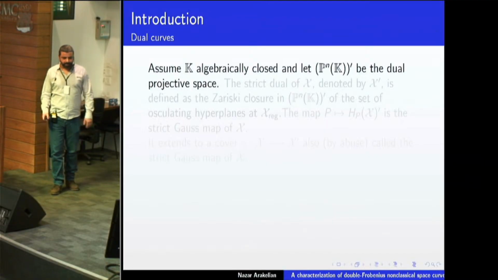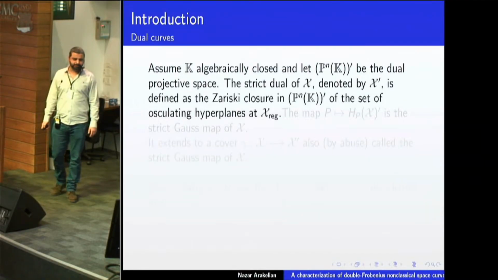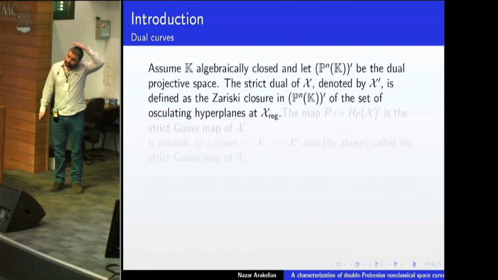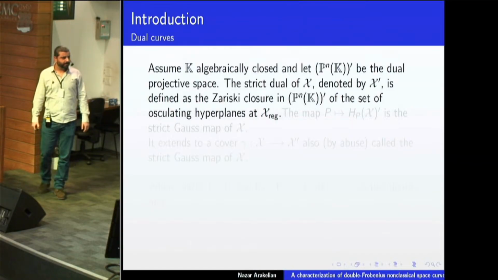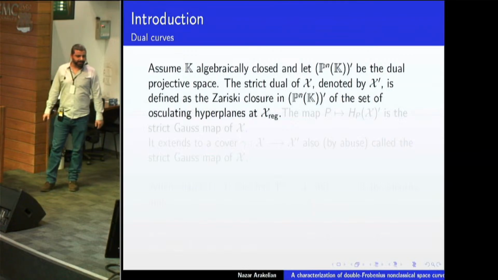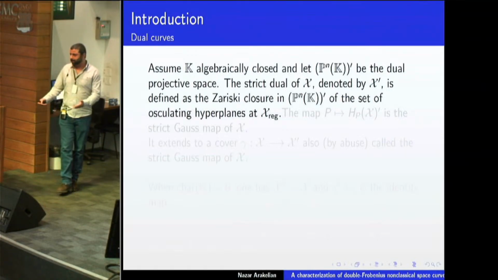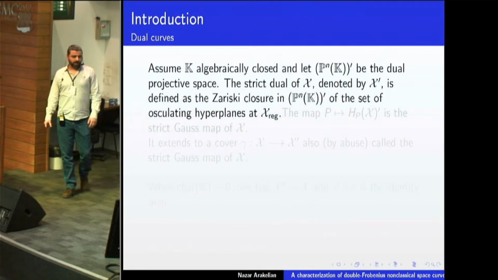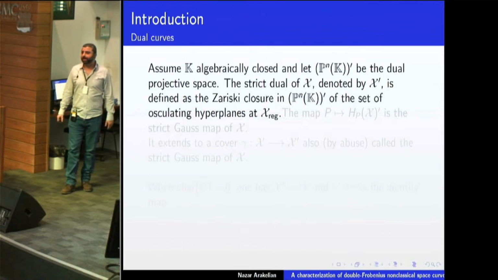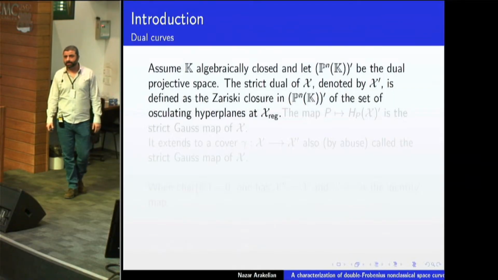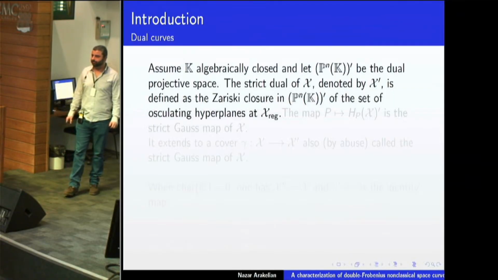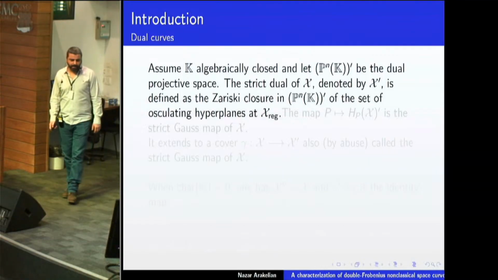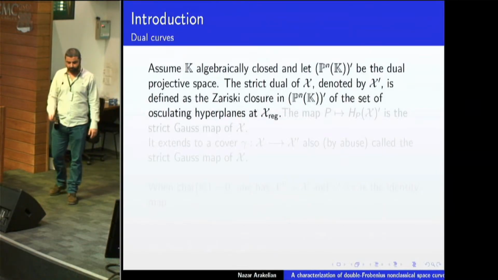If you have a curve X, you consider what we call the strict dual curve of X, which I will denote by X', which is defined as the closure in the dual projective space of the set of osculating hyperplanes at the non-singular locus of the curve. This is the strict dual of X.